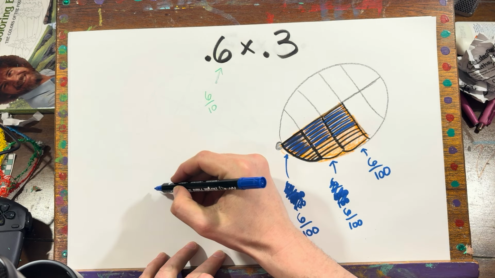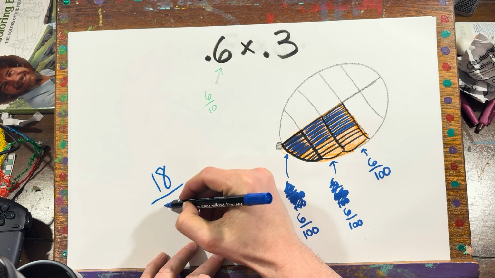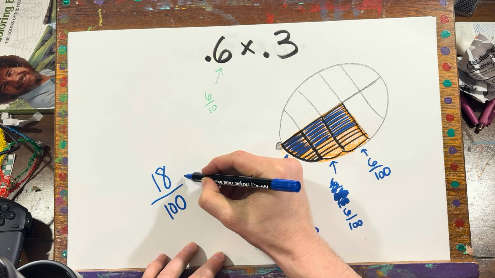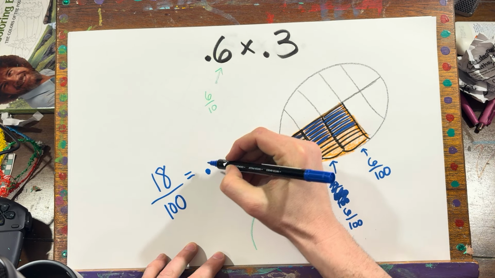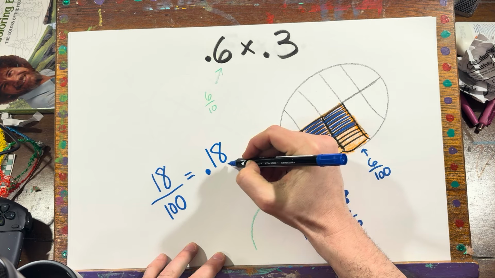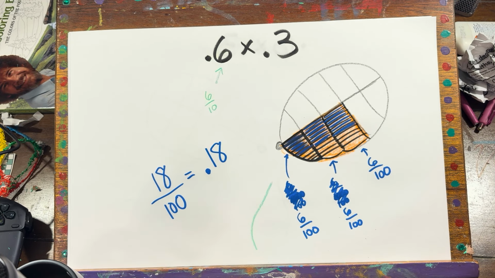Added together, I have 18 hundredths. As a decimal, you could write that as 0.18, with the 8 in the hundredths place. Therefore, my theory is correct.